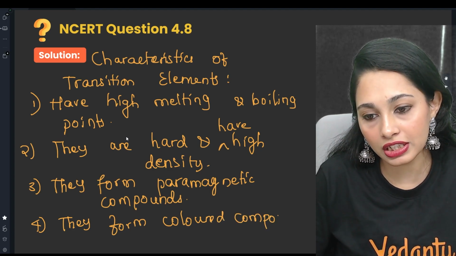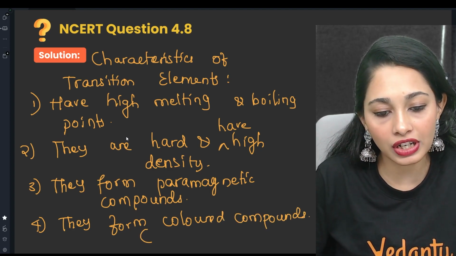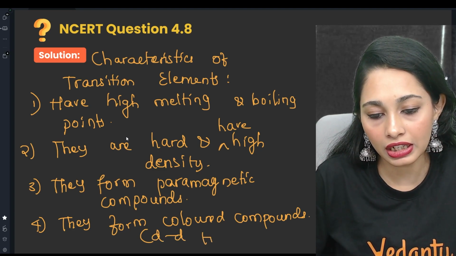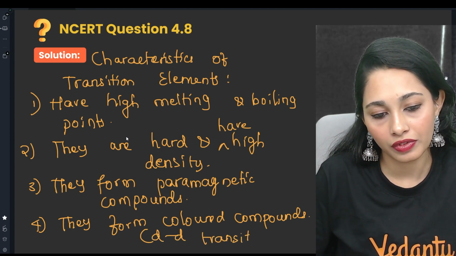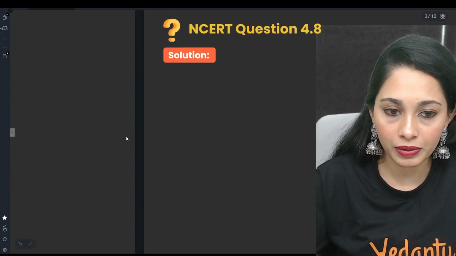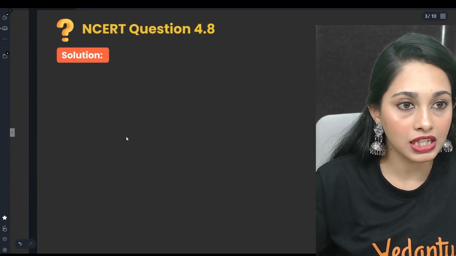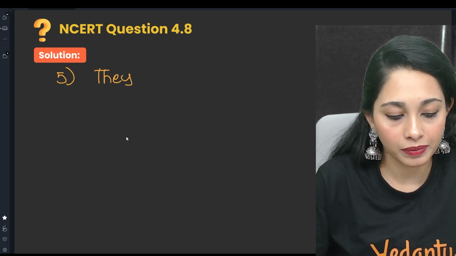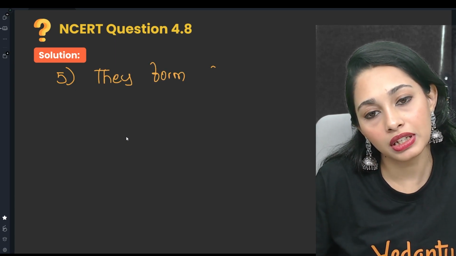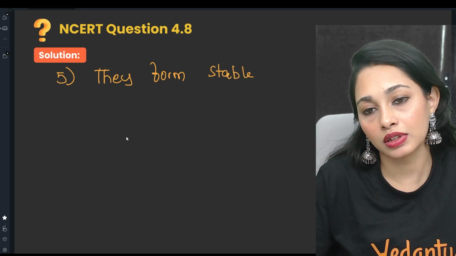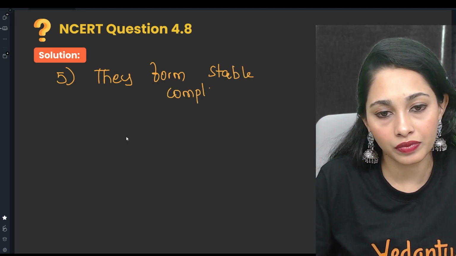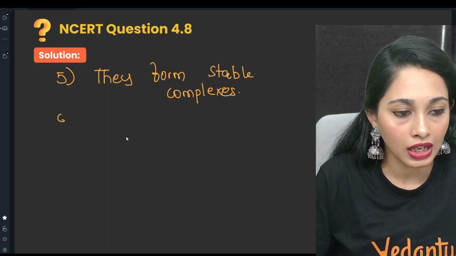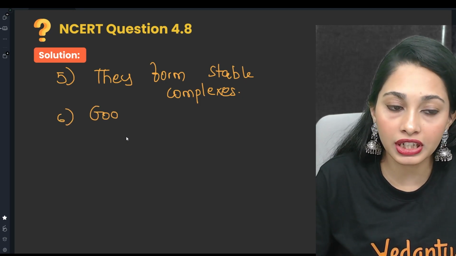A transition occurs here, which is called d-d transition. And fifth, they form stable complexes. And they are pretty good conductors of electricity.